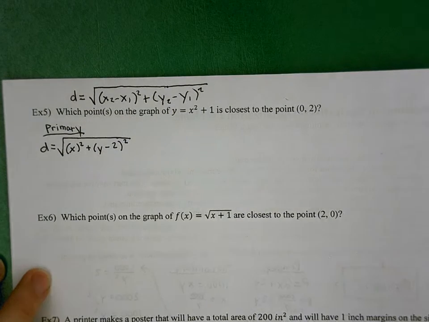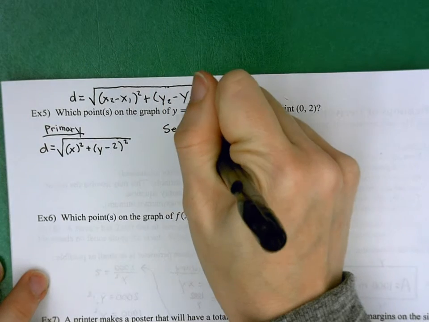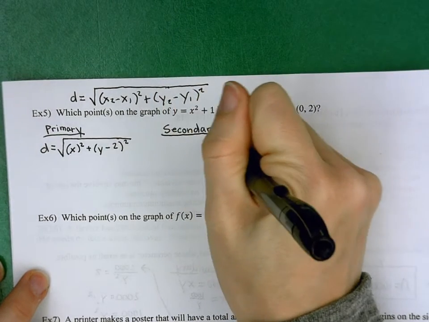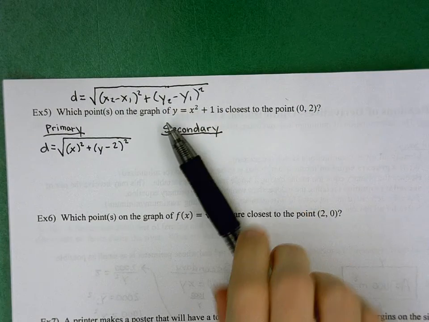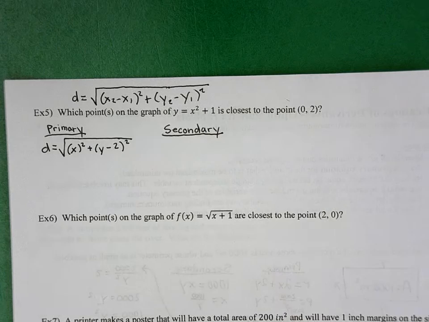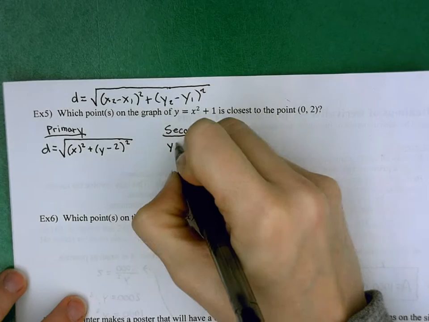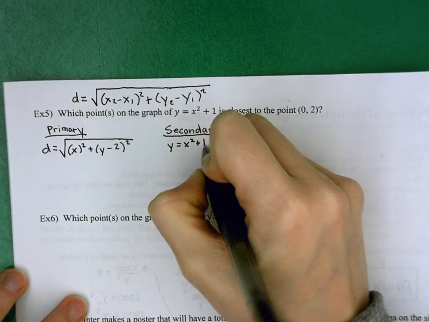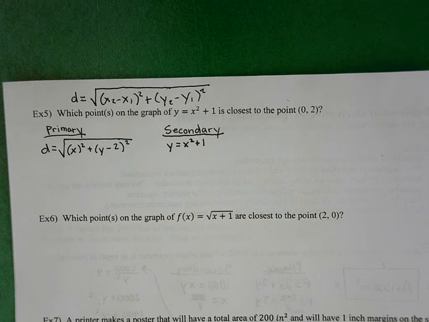Okay, secondary equation then. Again, secondary will be given to you in some way, shape, or form, a given fact, or, as in the case of this particular problem, we're actually given the equation itself, y equals x squared plus 1. Okay, at this point, you again have that choice. Am I going to plug in y or x?